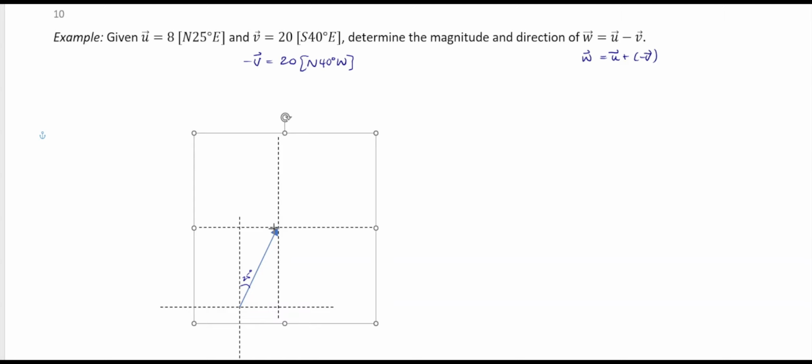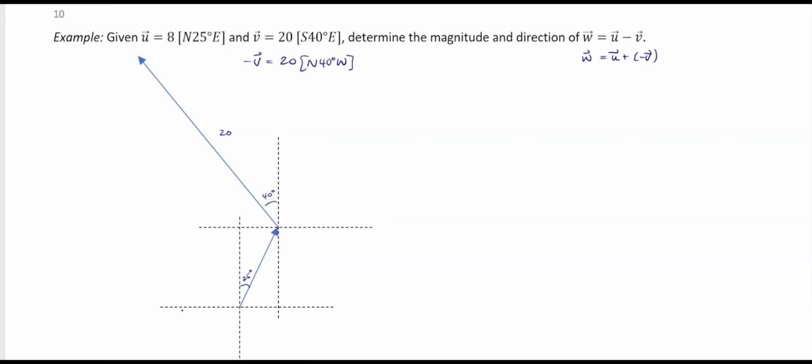I'll go north, and I'll go just shy of 45, so north 40 degrees west. And if that's 8, then this is really a lot longer. Say maybe this. Okay, we'll say that that's my 20, and this right here is 40.